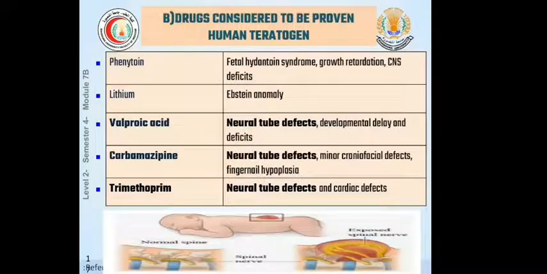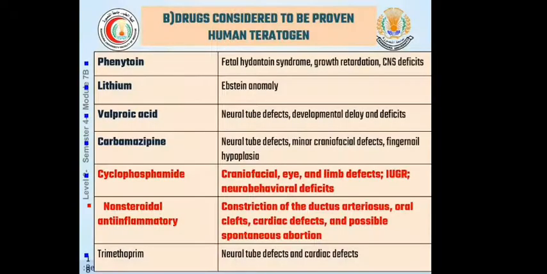Valproic acid and carbamazepine are anti-epileptic drugs. If given to a pregnant female with epilepsy, they will lead to neural tube defects in the fetus. It may be in the form of spina bifida, like exposure of the spinal nerve due to neural tube defects. Also, trimethoprim can lead to neural tube defects. We are discussing the drugs considered to be proven human teratogens.